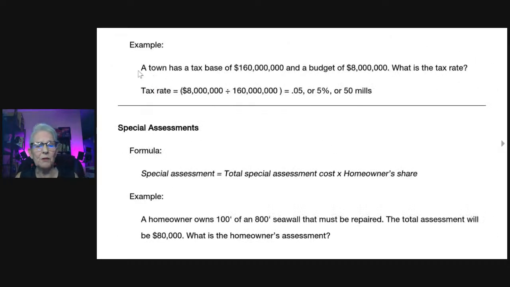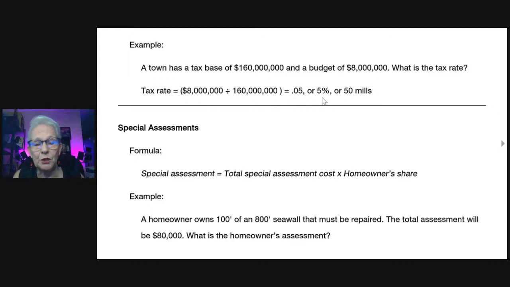An example of that would be a town has a tax base of 160 million and a budget of 8 million. What is the tax rate? So the tax rate would be 8 million divided by 160 million, which equals 0.05.